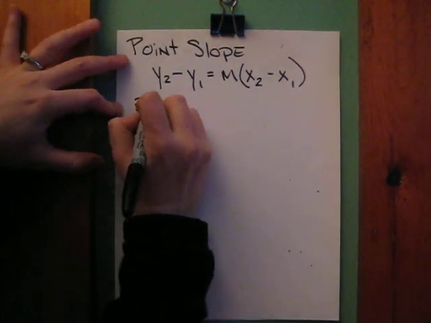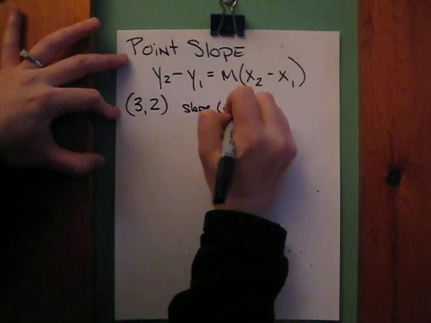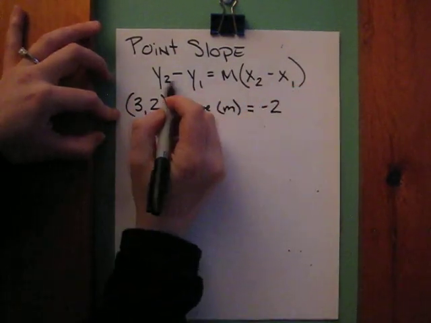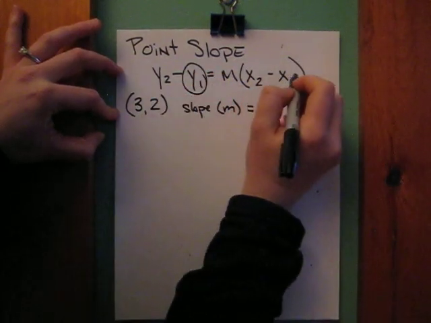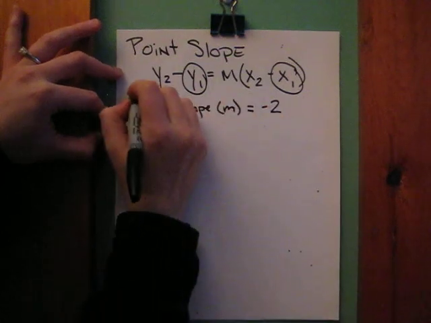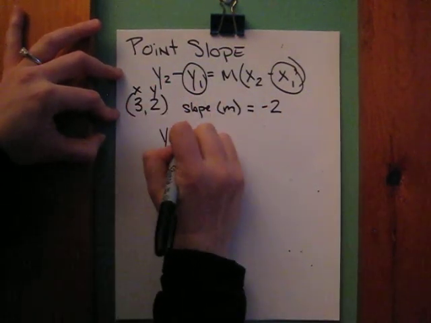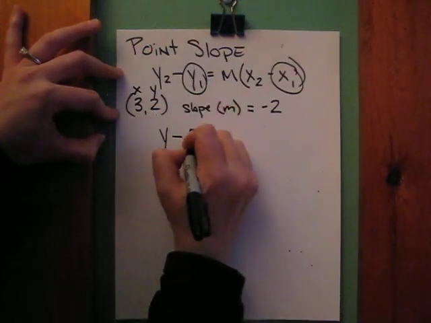So if you're given the point 3, 2 and a slope, which is m, remember, -2, I'm going to go into this formula, and right here and right here, I'm going to put this is x and this is y. So I'm going to take that y, and then I'm going to fill in this y for right here to right here.